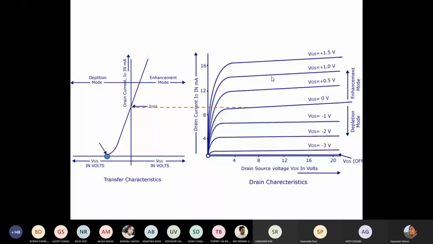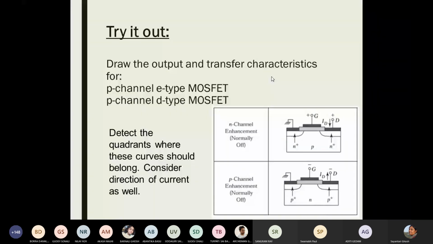Yeah, is there any question? Okay, so try to explore this, read it once and try to draw the output and transfer characteristics for these devices that we have not discussed yet, right? So P channel E type MOSFET and P channel D type MOSFET, I'm sure you will be able to draw the characteristics graphs for these devices as well, and try to look into the quadrants as well.